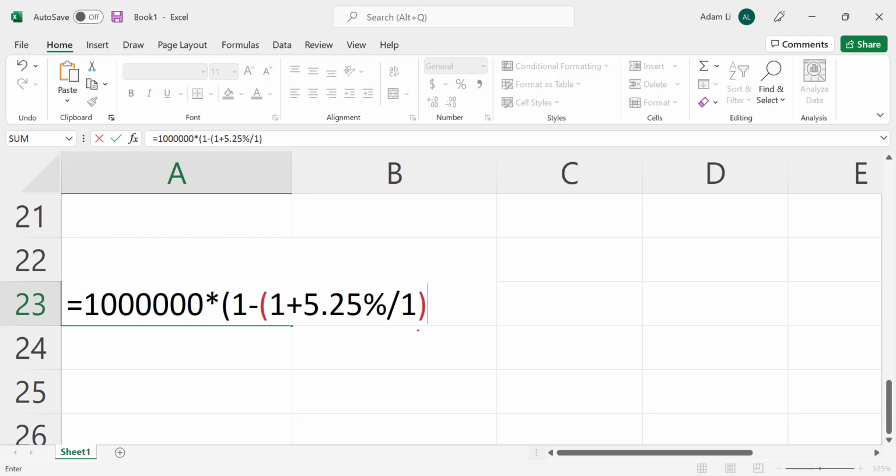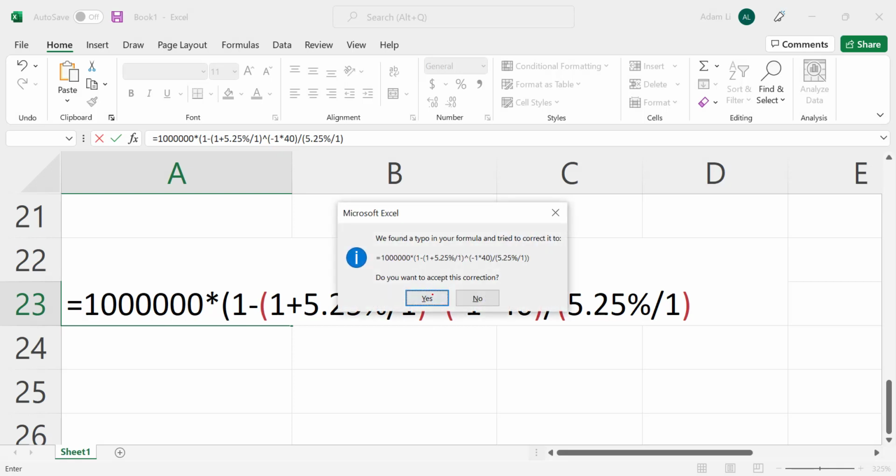One raised to negative 1 times 40, and dividing by 5.25% over 1. And that should do it.